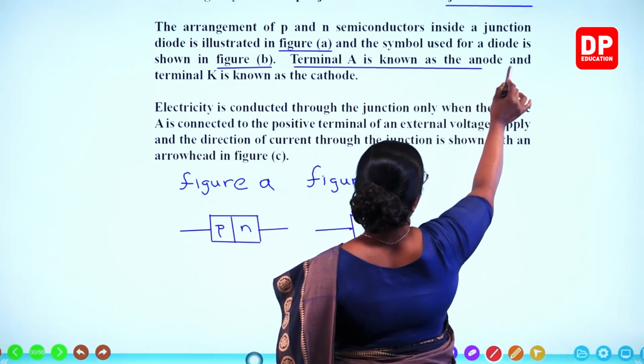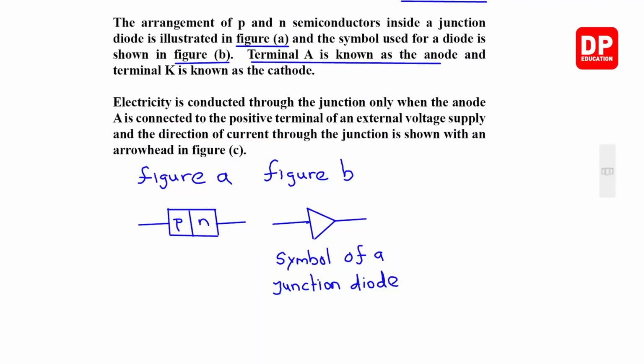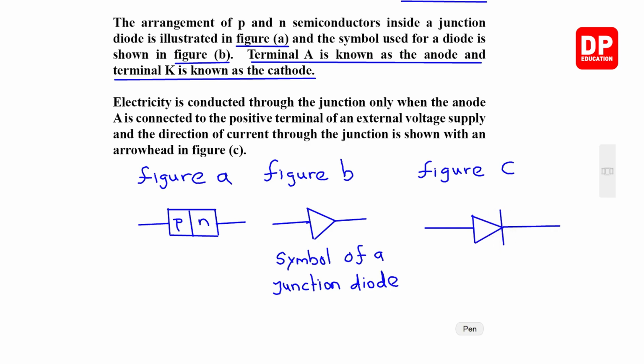Now I will draw that as figure C. Here this is the anode and this is the cathode.